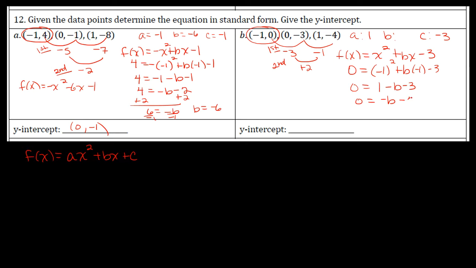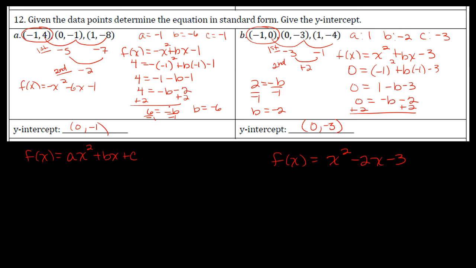Combine like terms and solve. I get 2 equals -b. So we can put that all together, and we get 1 times x squared minus 2 times x minus 3. Y-intercept 0, -3.